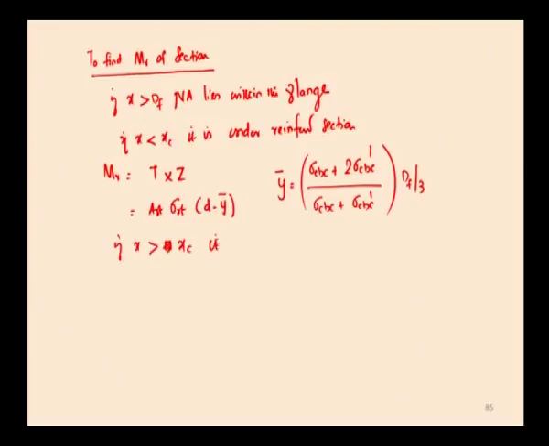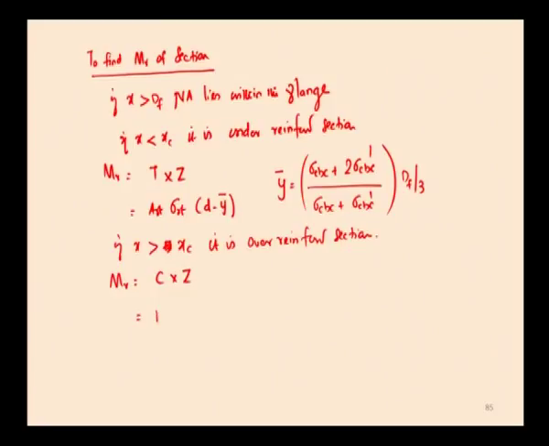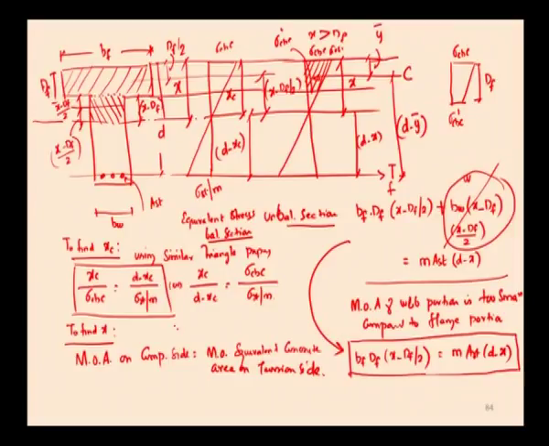And here next one is if x is greater than x e, it is over reinforced section. That is M r is equal to C into Z. C we have already found, C is normally the flange portion, that is area of flange portion is B f into d f, and B f into d f is the area, and the stress is sigma C B C at the topmost extreme fiber, at the bottom of flange is sigma C B C dash.